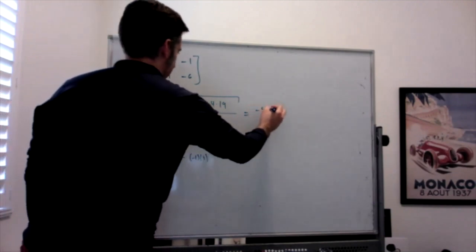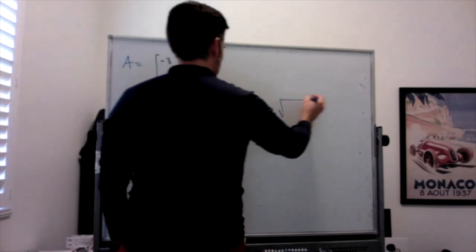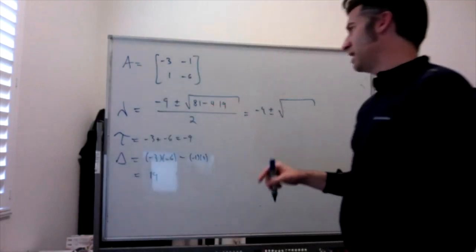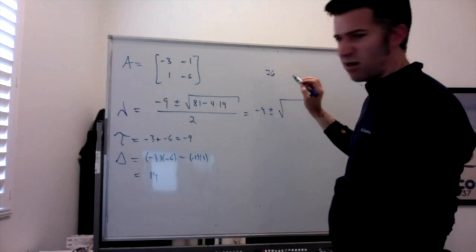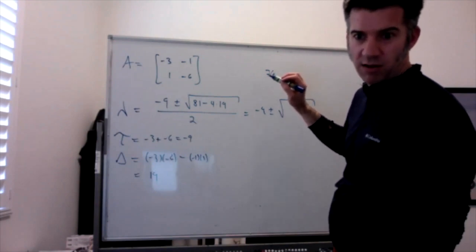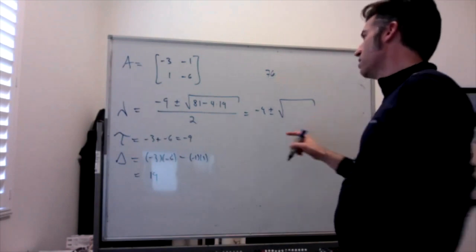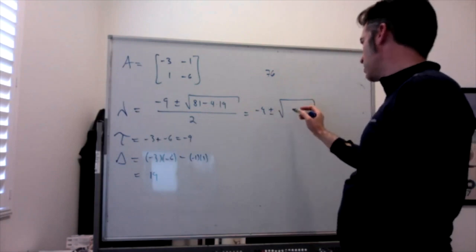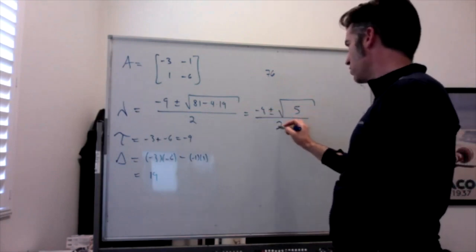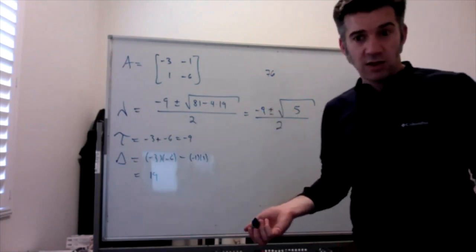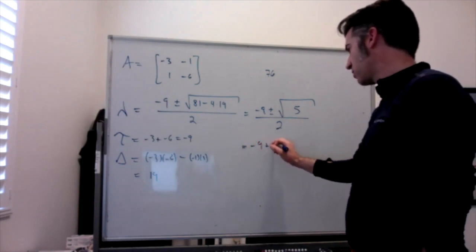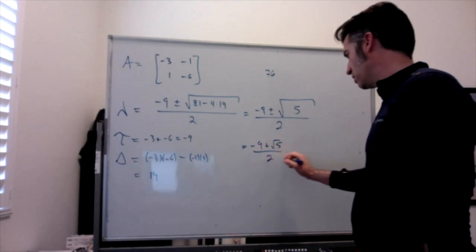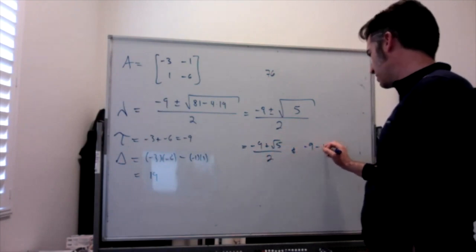That's -9 plus or minus the square root of... 4 times 19 is 76. 81 minus 76 is 5, all over 2. So here are my eigenvalues: (-9 plus the square root of 5) over 2 and (-9 minus the square root of 5) over 2.